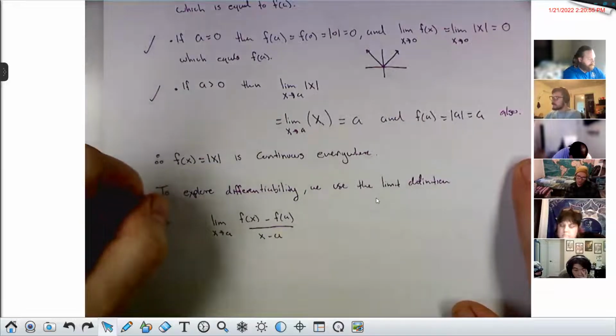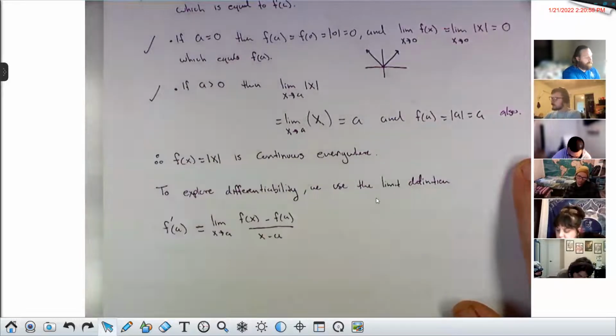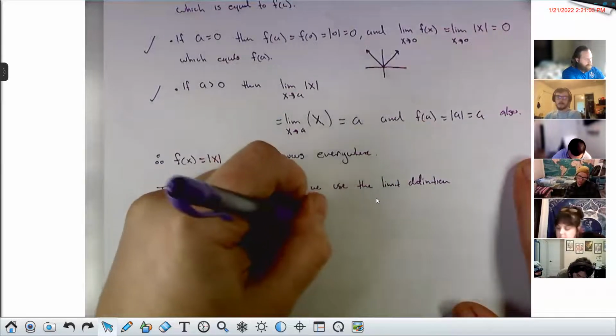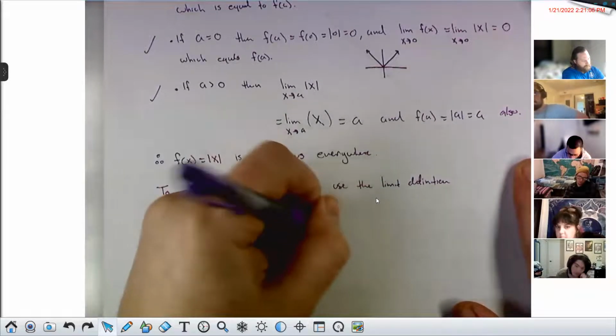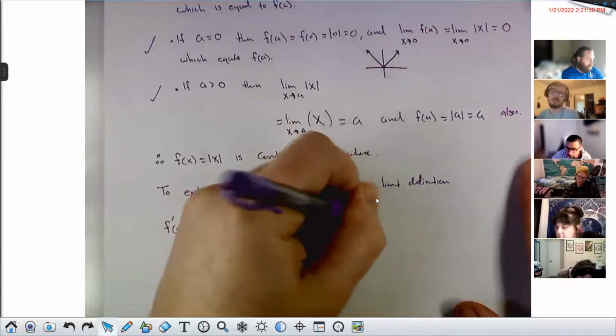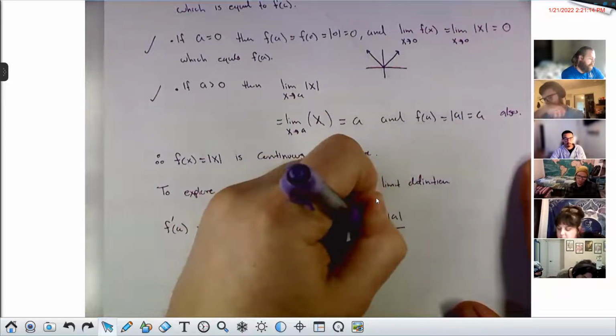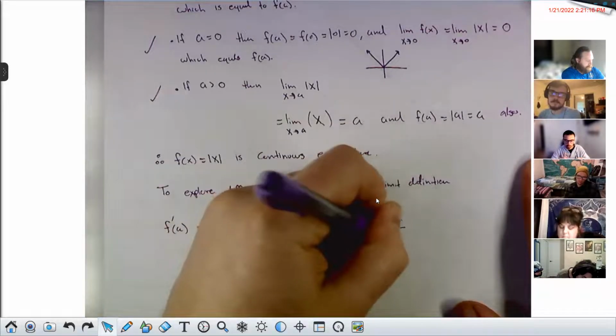Right, this is what should yield f prime of a. And for our function, that would be the limit as x approaches a of the absolute value of x minus the absolute value of a, all divided by x minus a.